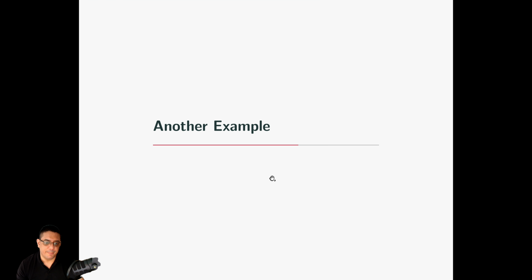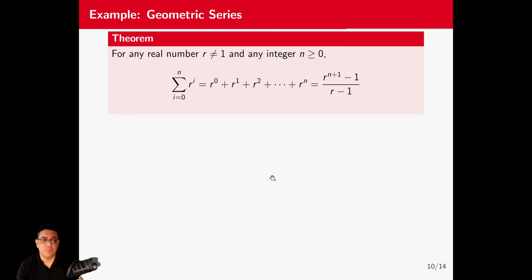Let's do another example. For this one, we're going to prove that if we have the sum from i equals 0 to n of r to the power i, for any r that is different from 1 and any integer n bigger than 0, then this is just going to be r to the n plus 1 minus 1 over r minus 1.